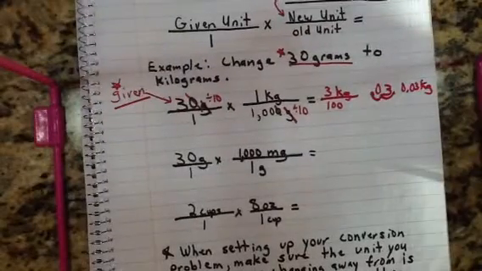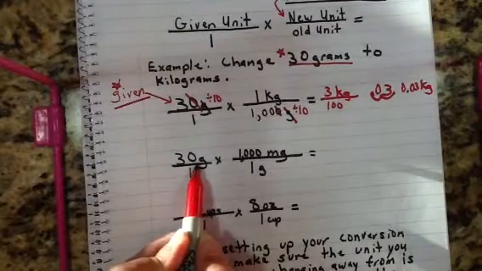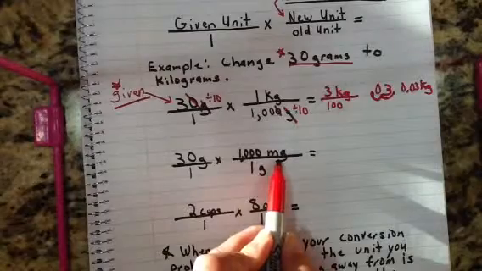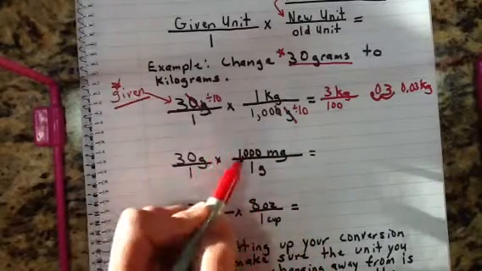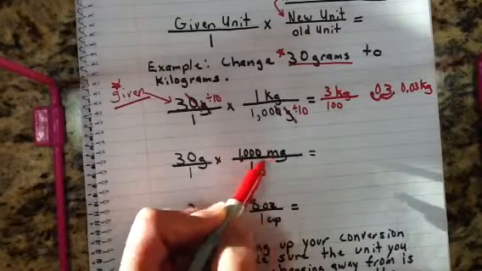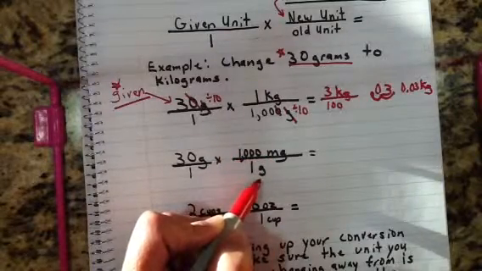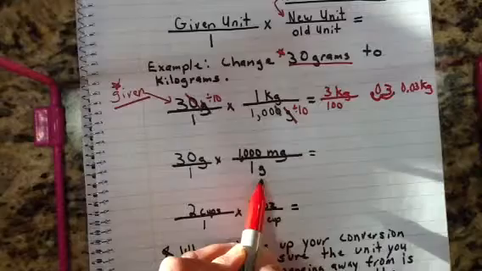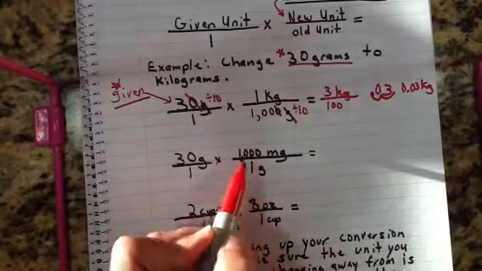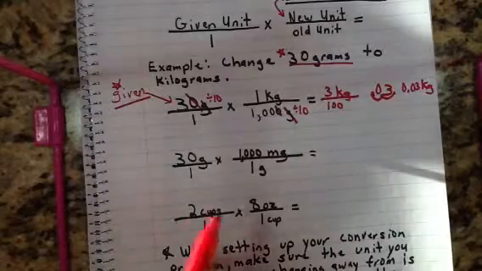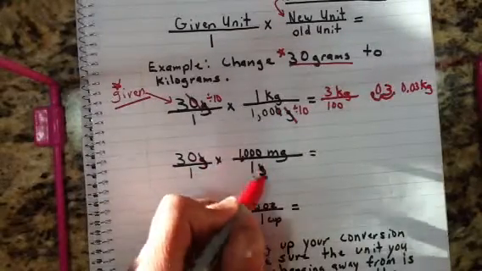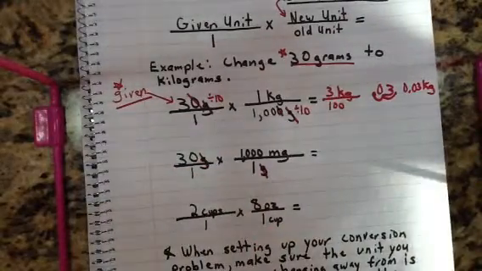All right, let's say that I have 30 grams and I want to change to milligrams. Well, how many milligrams are in a gram? I have 1,000 milligrams to 1 gram. In other words, a gram gets broken into 1,000 parts, so 1,000 milligrams. Milligrams are really tiny. All right, so again, cross-cancel your old unit.